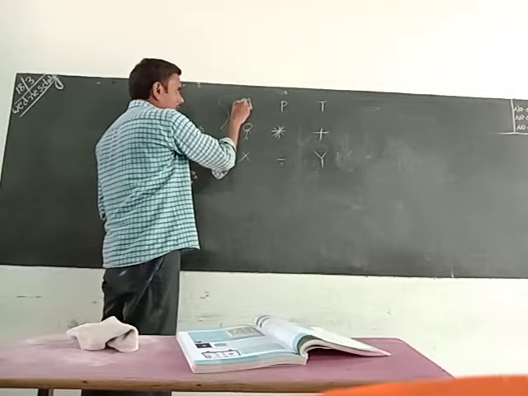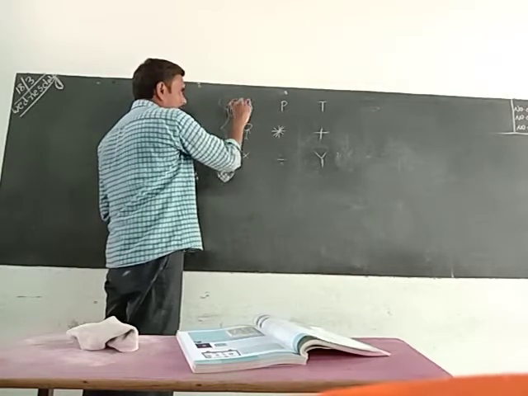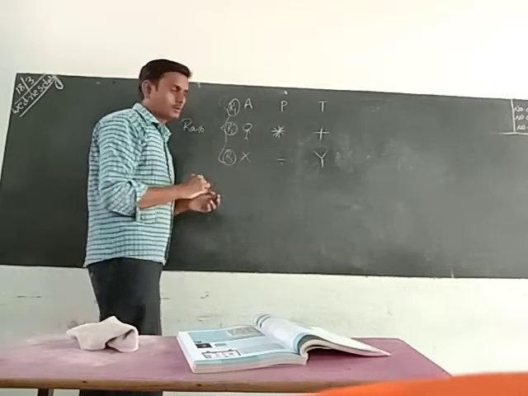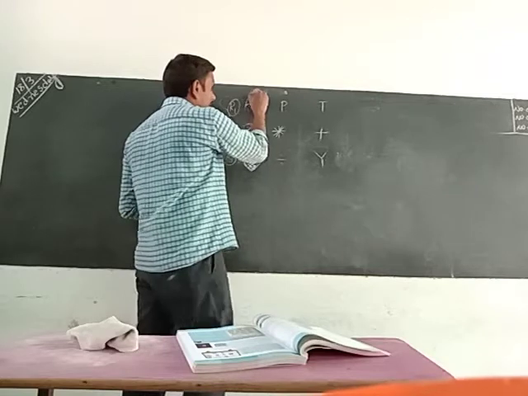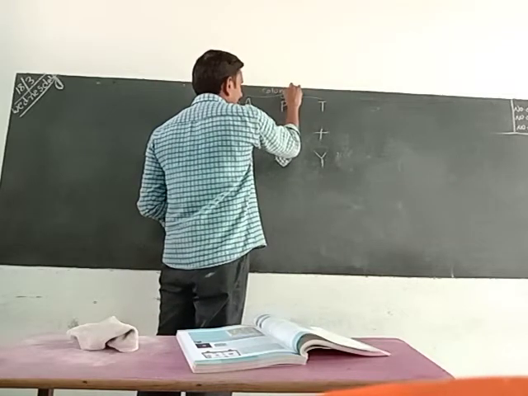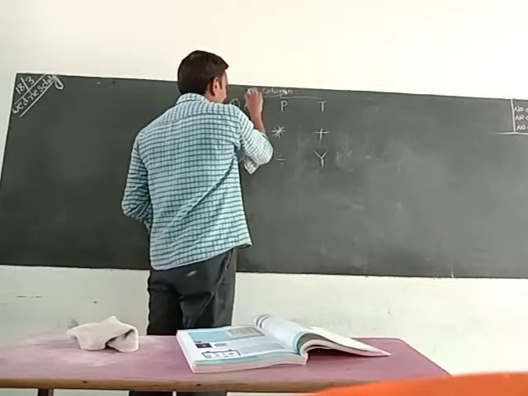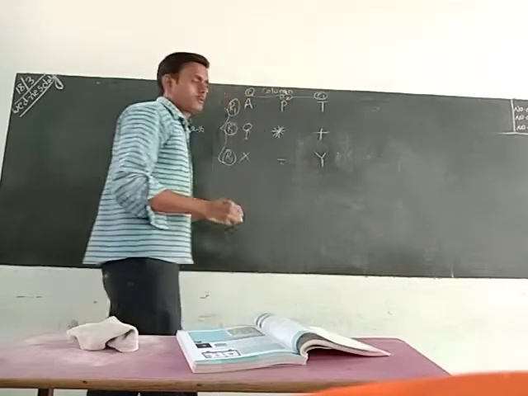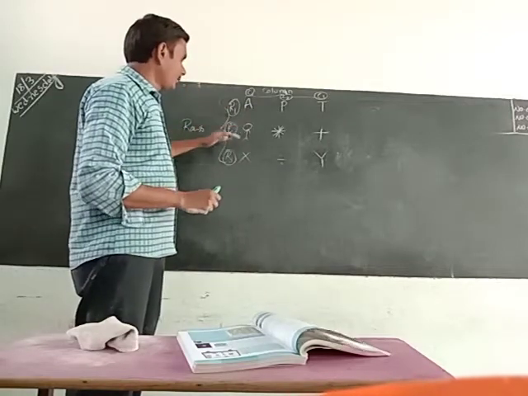This is row 1, row 2, row 3. These positions are called columns. These are the columns. Column 1, column 2, column 3. Row 1, row 2, row 3.